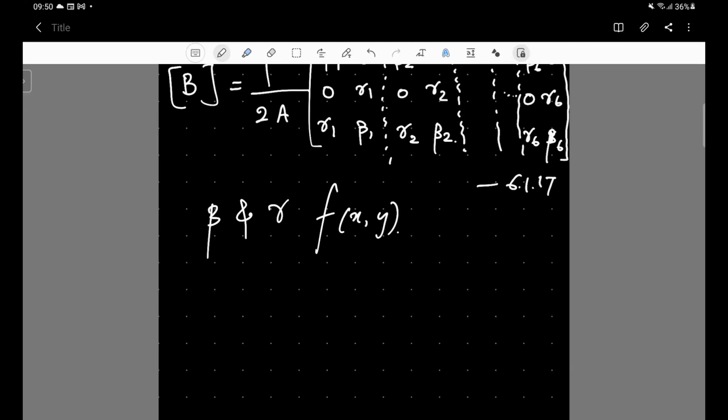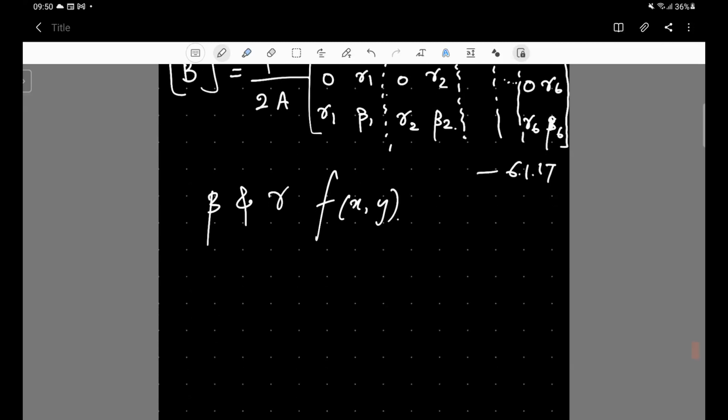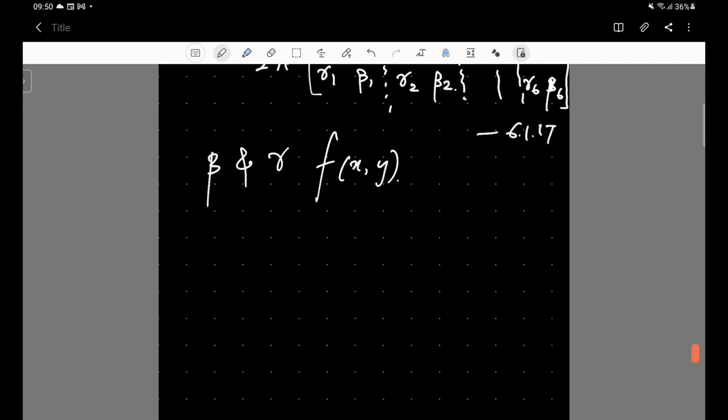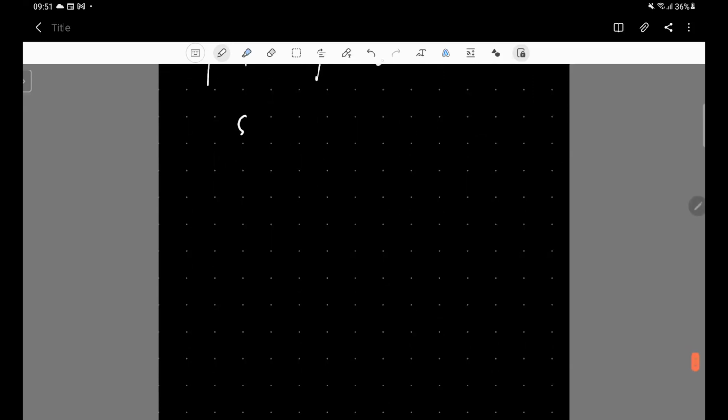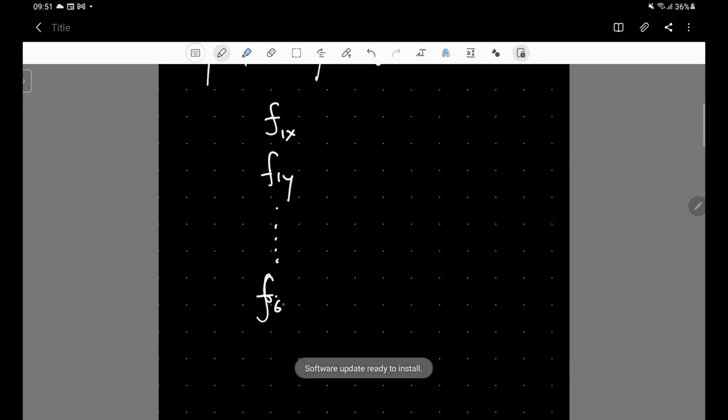So just before we go, an important thing to remember is that since we are dealing with 6 nodes, that is 12 degrees of freedom, our force and displacement elements of these equations will be connected by, of course, the force matrix, if you can remember, where each node would have 2 forces, which will go up to the force in the X direction and the force at the 6th node in the Y direction.